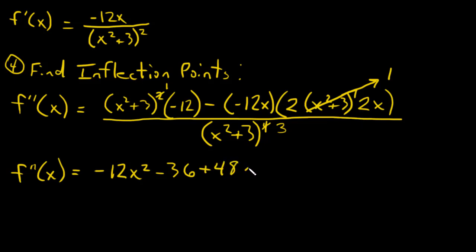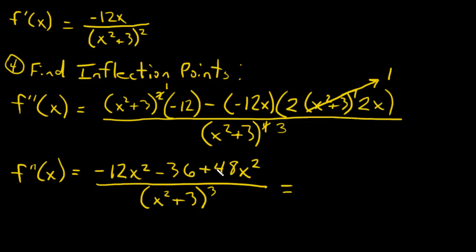So plus 48x squared, and all of that is over x squared plus 3 now to the third power. I can simplify that because I have an x squared and an x squared, so this is going to become negative 12x squared plus 48x squared is 36x squared minus 36 over x squared plus 3 to the third.